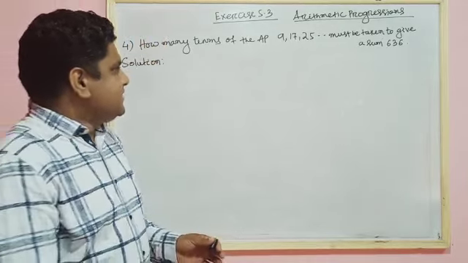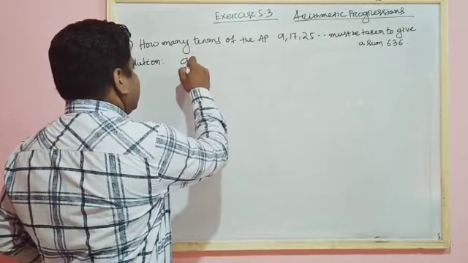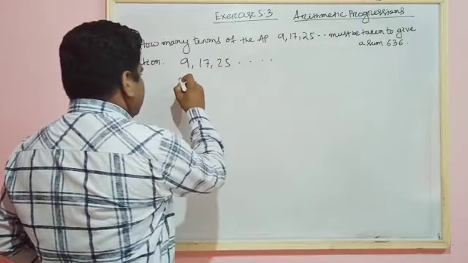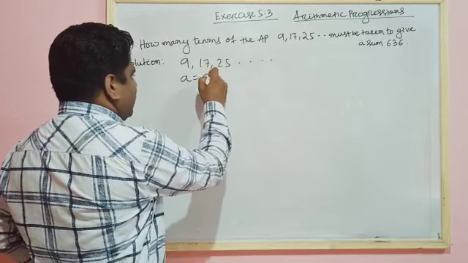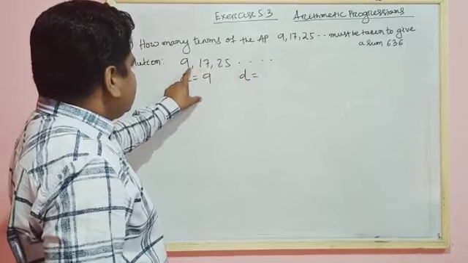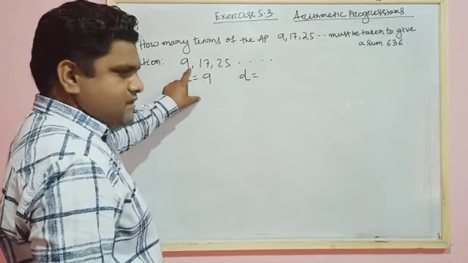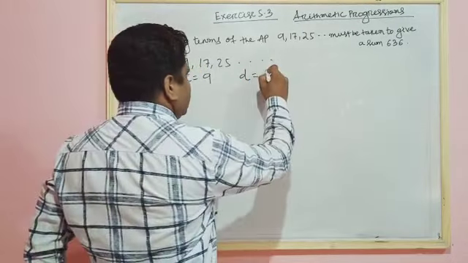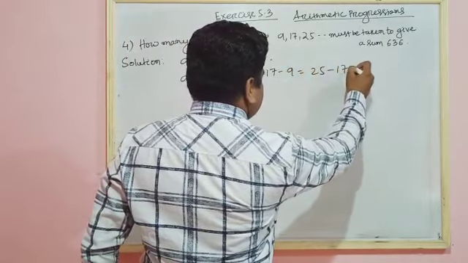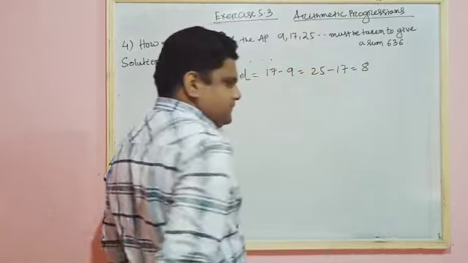So the AP is 9, 17, 25 and so on. Here the first term a equal to 9, common difference d equal to 17 minus 9 or 25 minus 17, it is 8.